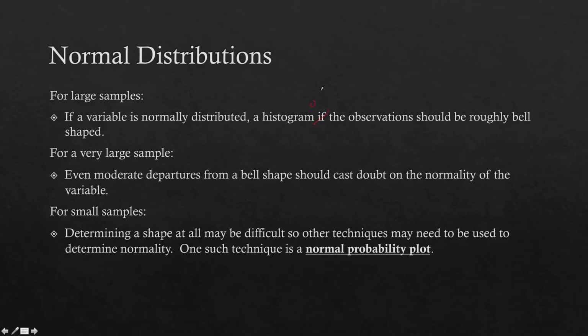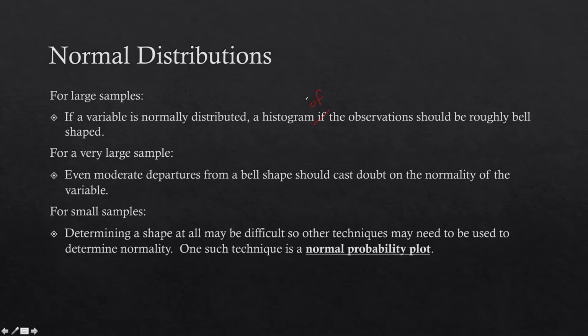A histogram of the observations should be roughly bell-shaped if it's normally distributed for large samples. For very large samples, even small departures from a bell shape should cast doubt on normality because the sample is so large. The larger the sample, the better. You can tell it's more normally distributed that way.